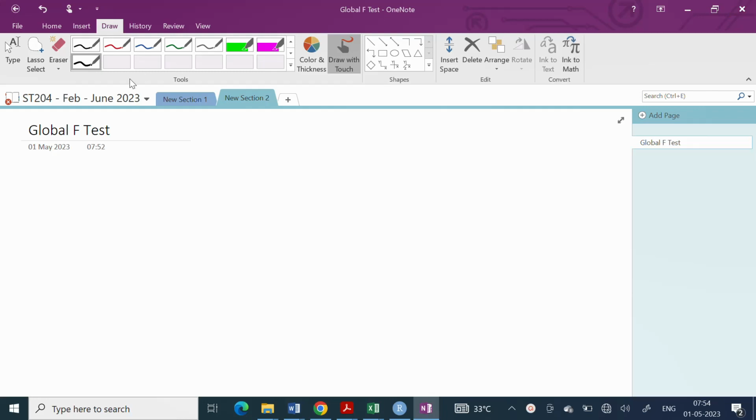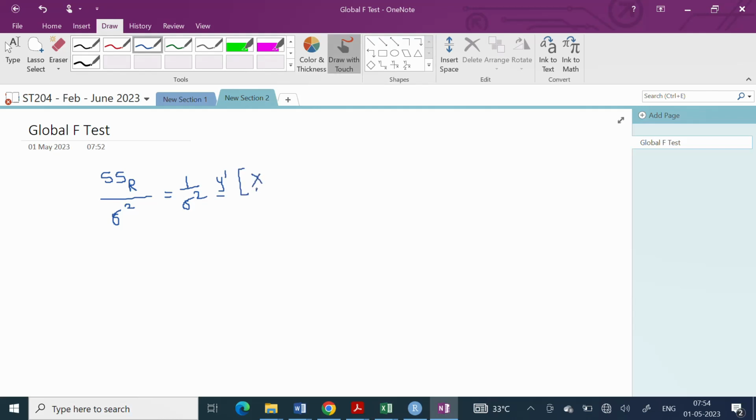So let me first state the results that we have. The first result we had was that the sum of squares due to regression when divided by sigma square, that is SSR by sigma square, is nothing but 1 upon sigma square y prime, then X(X prime X) whole inverse X prime minus 1 u (u prime u) whole inverse u prime, this whole thing into y.